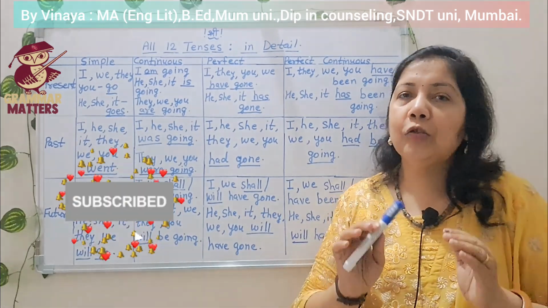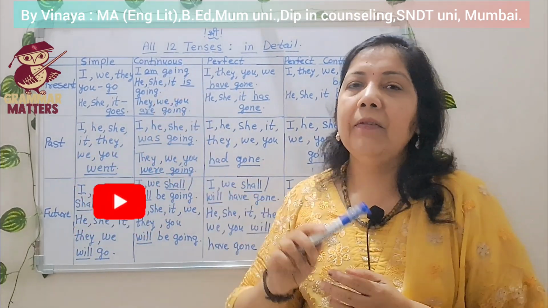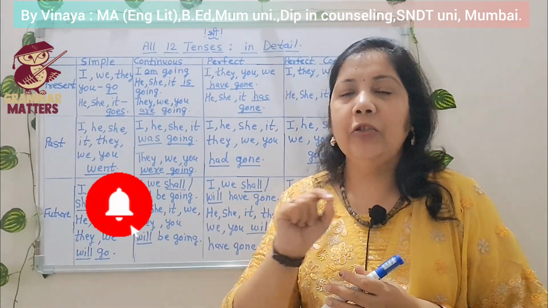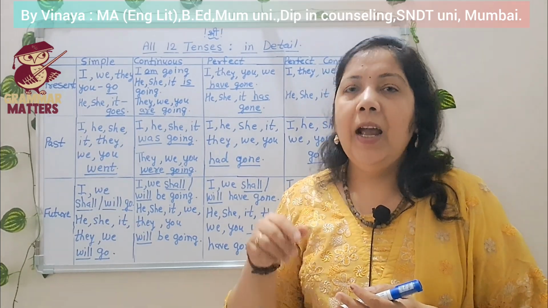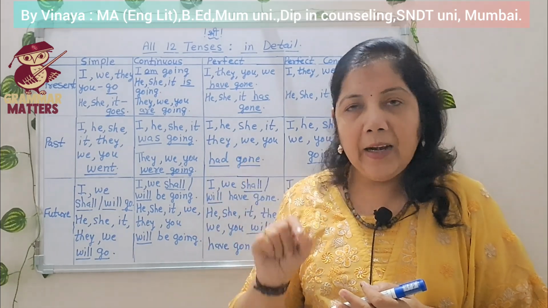One more thing which is common. First of all, for continuous: when the word continuous is there, that means the action is going on, either in present, past or future. And for that the verb needs ing added.